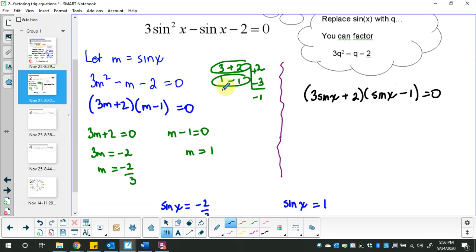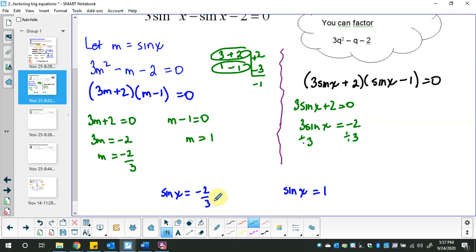So you would still factor this way, only instead of having m at the beginning of each bracket, you would have sine x at the beginning of each bracket. Green pen time. 3 sine x plus 2 equals 0. 3 sine x equals negative 2. Divide by 3, divide by 3, and you end up with sine x is equal to negative 2/3. The other bracket, sine x minus 1 is equal to 0, so that means sine x is equal to 1.